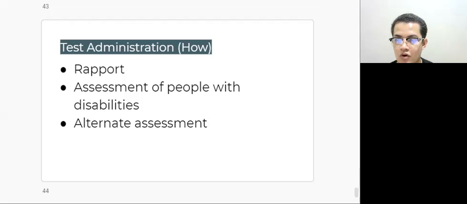Because we want to accommodate those individuals who need to be assessed, various researchers consider creating alternate assessments. How is that?